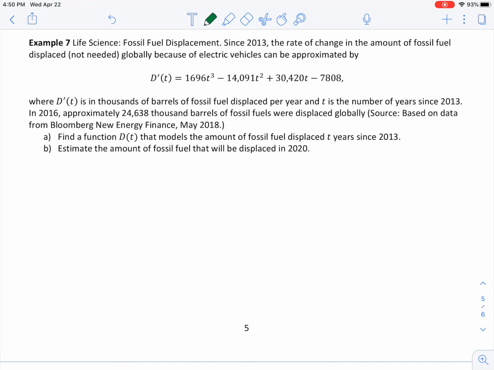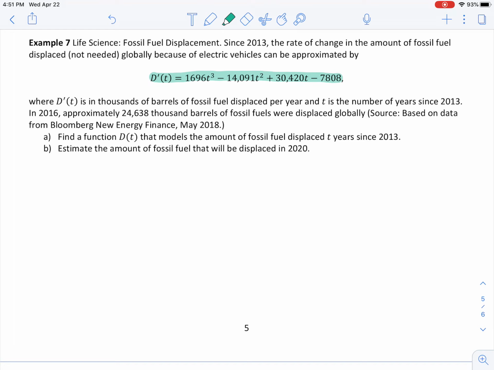Example 7. And this is about life science, fossil fuel displacement. Since 2013, the rate of change, so they're giving you the derivative already. The rate of change in the amount of fossil fuel displaced globally, they don't need it anymore because of electric vehicles, can be modeled by this function.